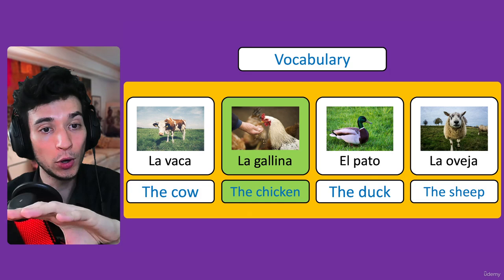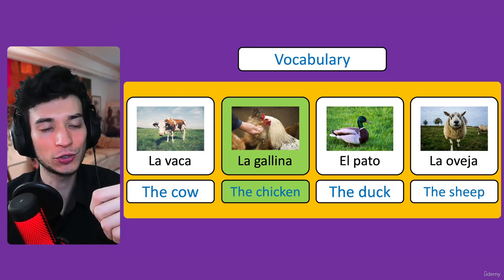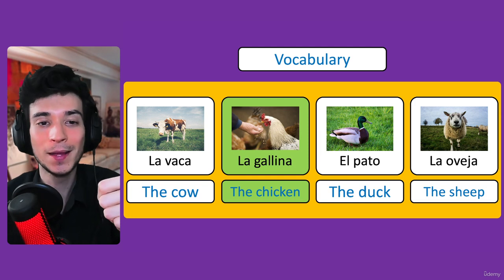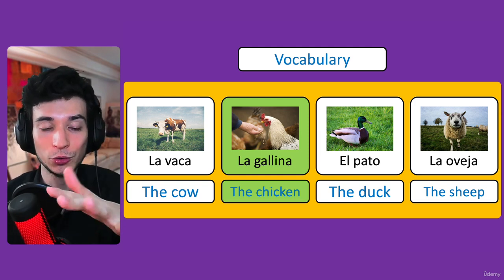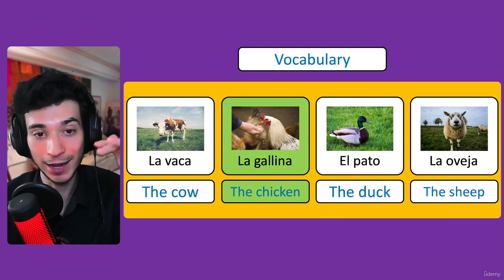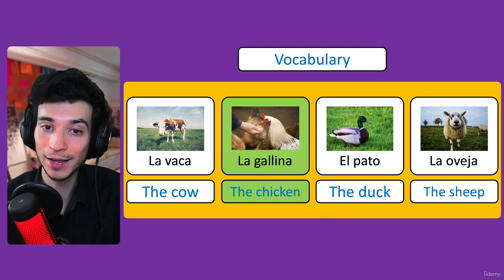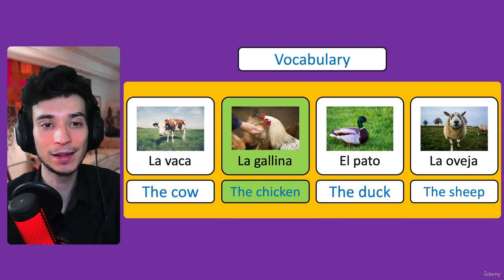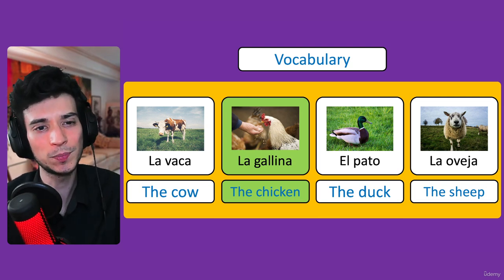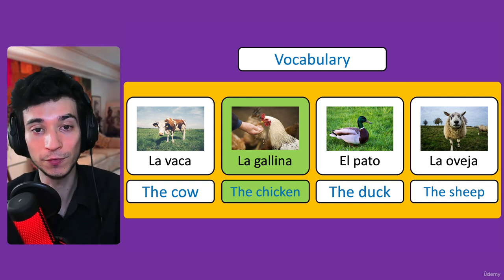We have el pollo, which refers to the male chicken, but it mostly refers to chicken, like cooked chicken. And then we have la gallina, and la gallina totally refers to the animal. La gallina, the chicken. And el pollo, sometimes people say pollo for animals, but most likely it's used for food.